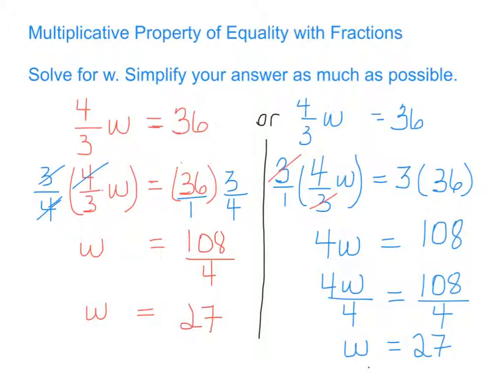The 3's cancel, and you're left with 4w is equal to 108. Since we want to solve this equation for w, we will divide both sides by 4. So we have 4w divided by 4 is equal to 108 divided by 4. The 4's will cancel, and so you're left with w is equal to 27.